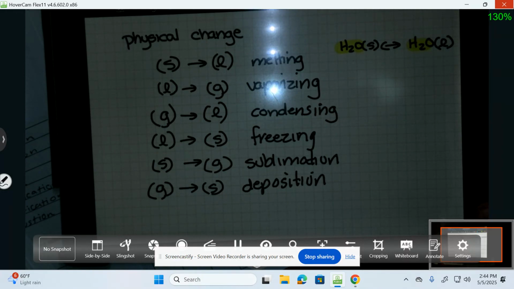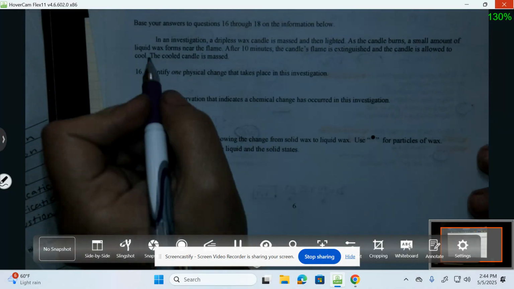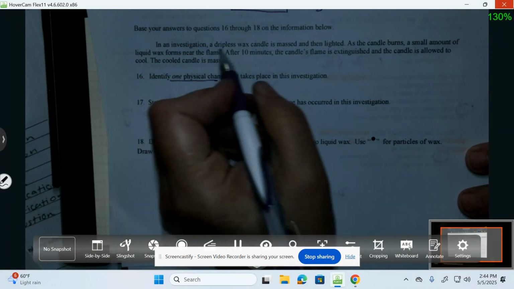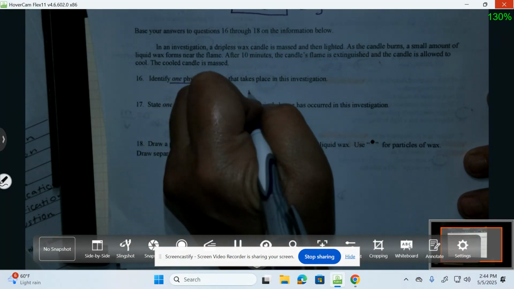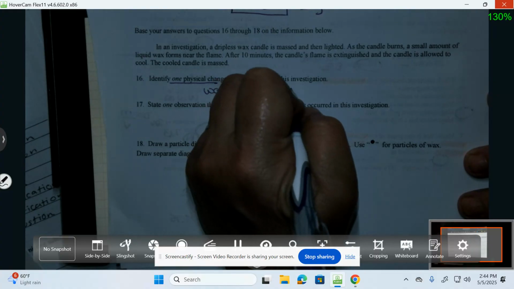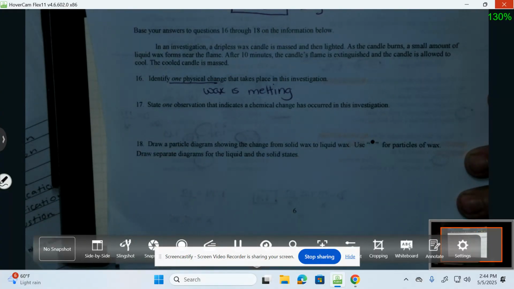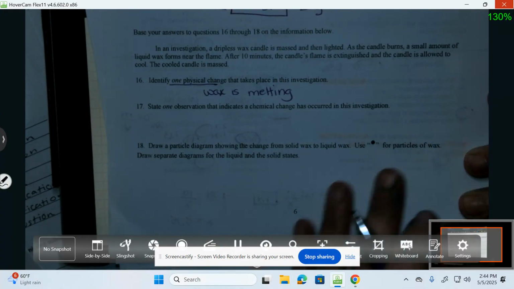What is the candle doing? Melting. Good. Okay. So identify one physical change that takes place in this investigation. The wax is melting. That's a physical change. You still have wax, except it went from a solid to a liquid.